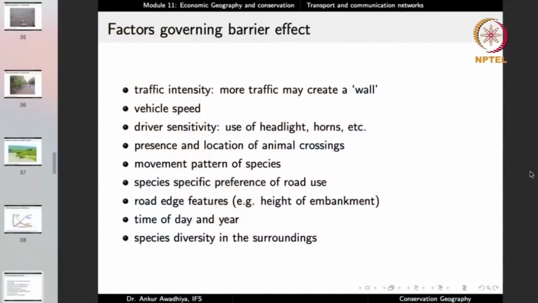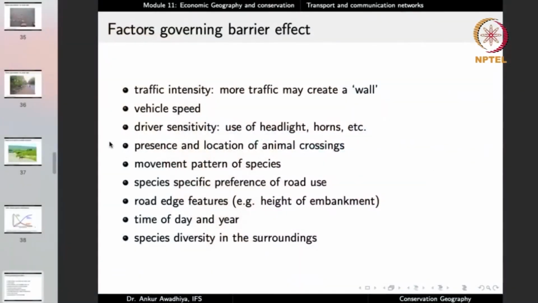And so when you find that in a forest area, if there is, say, a speed limit of 20 kilometers an hour for the vehicles, and when the vehicles are actually moving at a speed of, say, 90 kilometers an hour, or a speed of greater than 100 kilometers an hour, then even though the road was so designed as not to act as a barrier, it will start behaving as a barrier because of the behavior of the people that are moving on the road. So the speed of the vehicle matters.